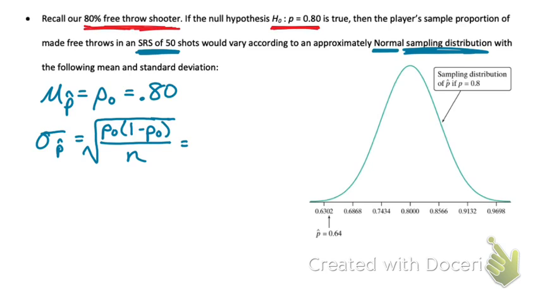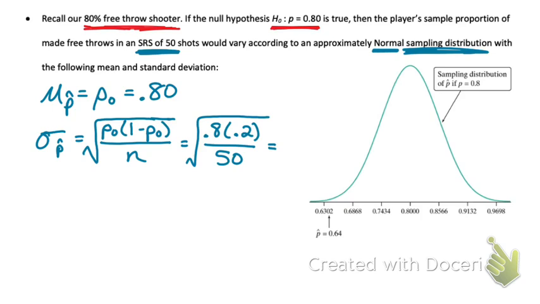We're just using the claimed value instead of the sample value. So the standard deviation of this distribution that he claims to be on is the square root of 0.8 times 0.2 over 50. That is the standard deviation of the distribution that he claims to be on.